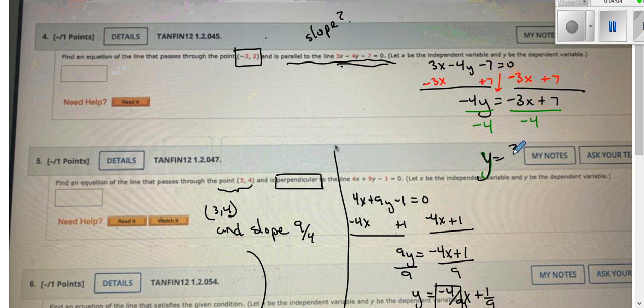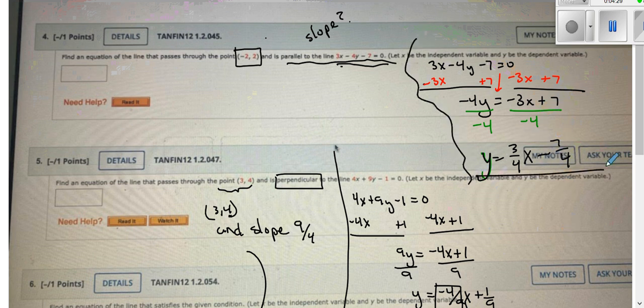So I get a positive 3/4 x. And honestly, this next part doesn't even matter to me, but I'm going to go ahead and finish it out. It would be minus 7/4. It's minus because a positive divided by a negative is a negative, so I go minus 7/4. Now, this is only here for one reason.